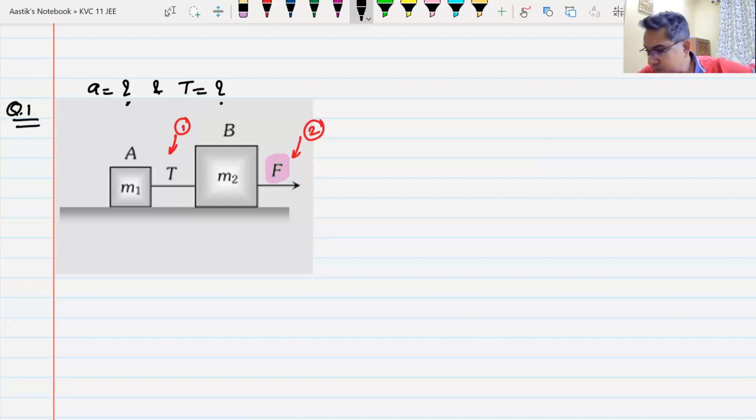F by m1 plus m2, sir. Yes, that would be the value of acceleration. What about the tension in the string between the two blocks? How much is that tension?